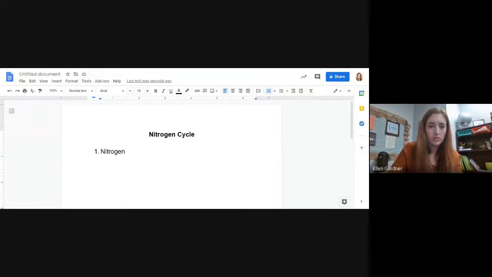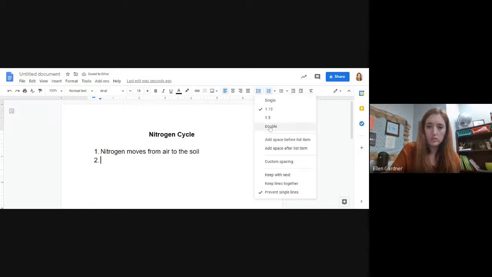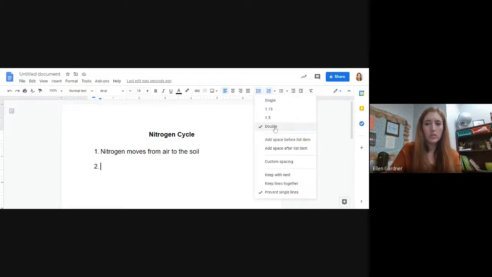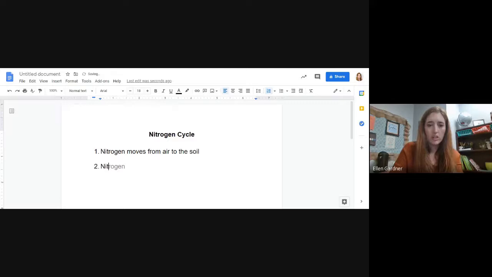Nitrogen moves from air to the soil. Nitrogen moves from soil to living things. And you could write in parentheses organisms.